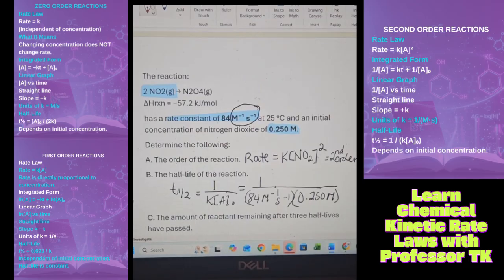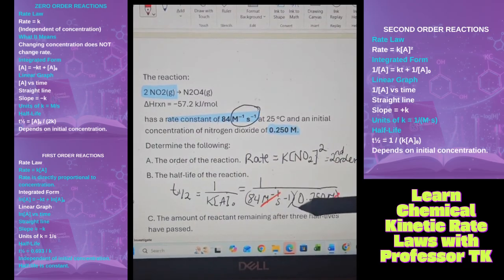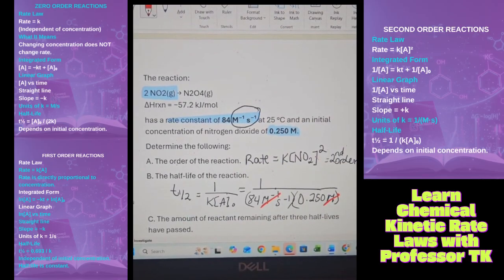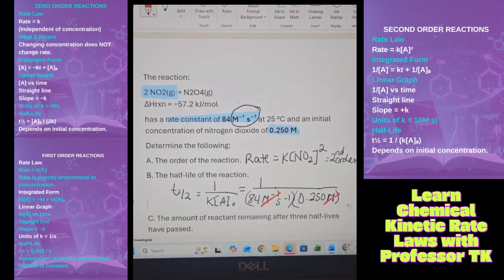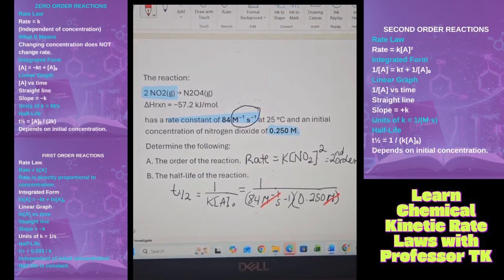And remember, your M's are going to cancel out. Because you're looking for time, it's your seconds that are going to count. So when I plug this in, I'm just going to say 1 divided by 84 times 0.250.